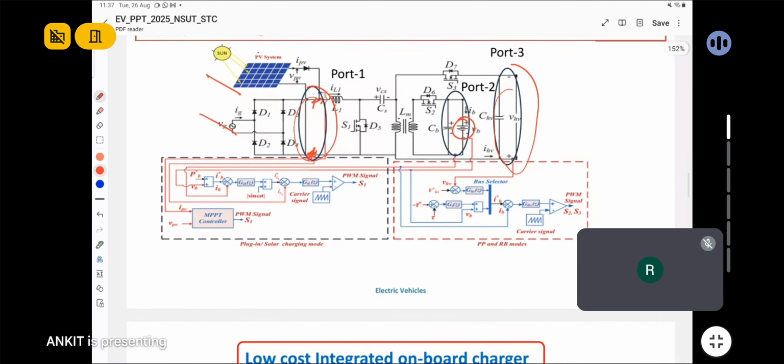The control strategy is very simple. If solar PV is used, MPPT operation takes place and switch S1 is operated through PWM. If solar PV is not available, then the grid is used to charge the battery, and this converter works as an isolated SEPIC.